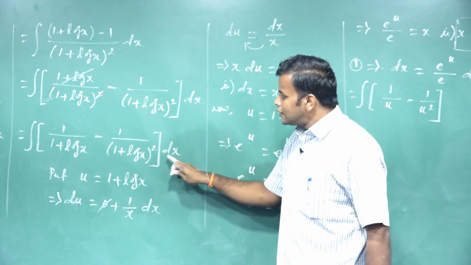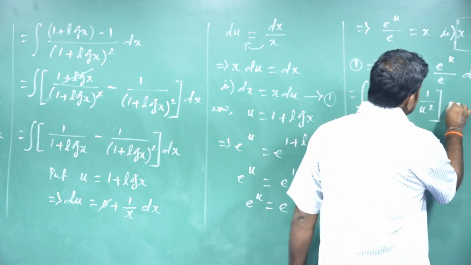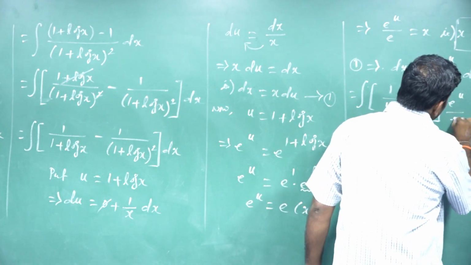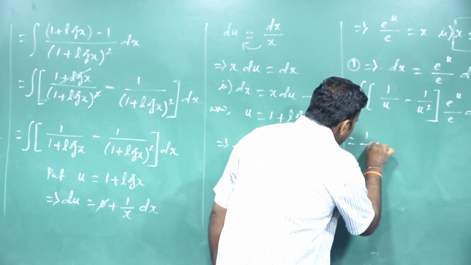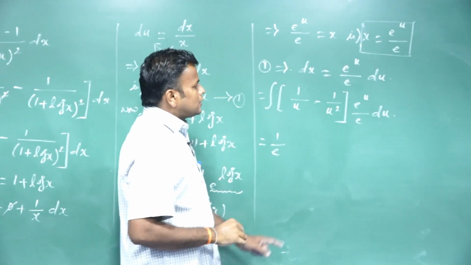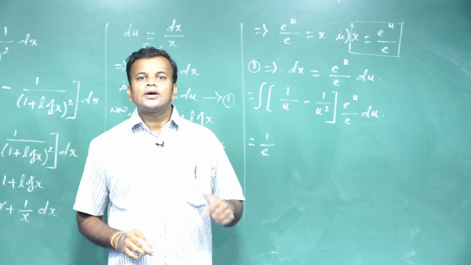Next is dx. The value of dx is e power u by e into du. Now if we take the denominator e, the term e is a constant.